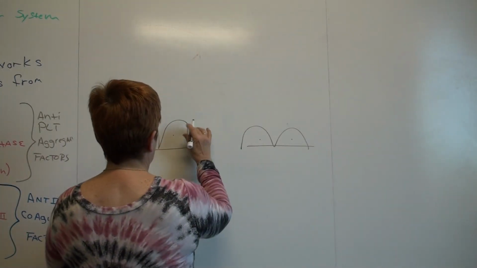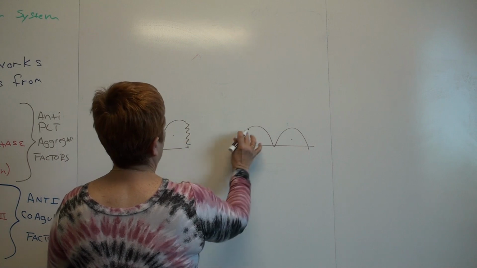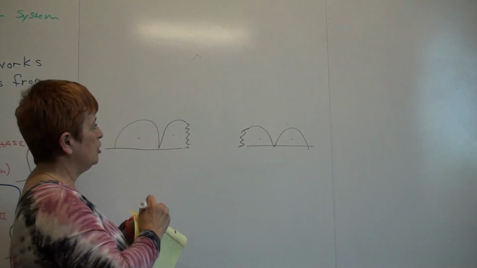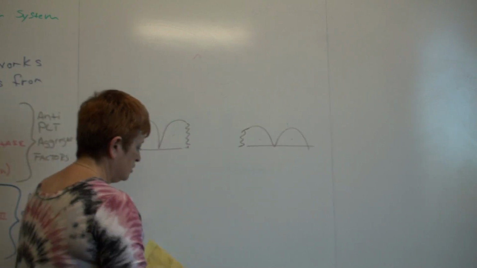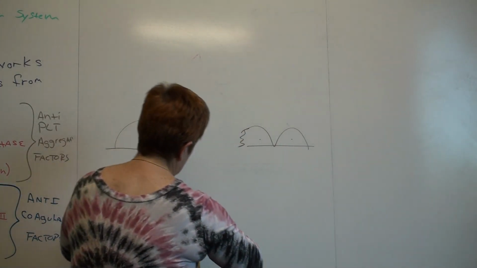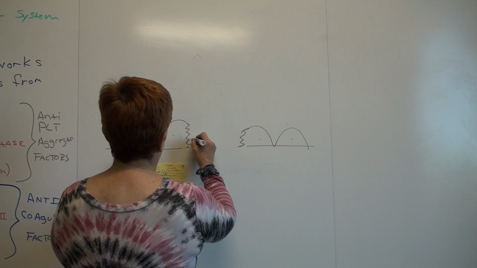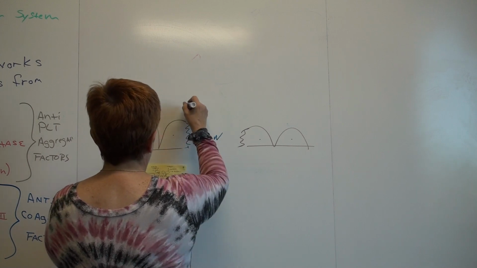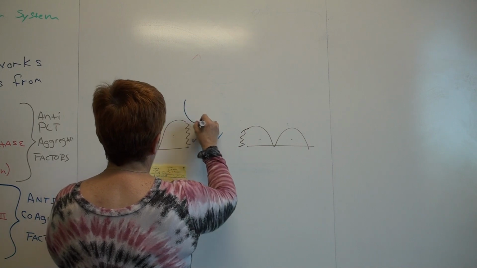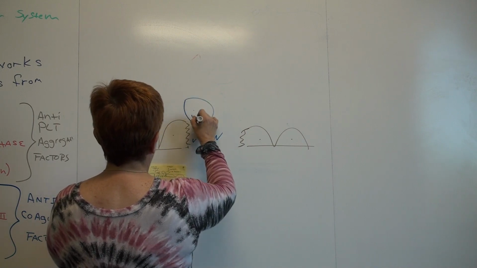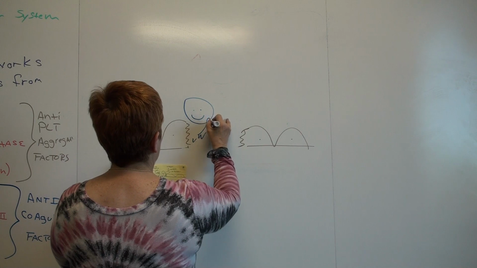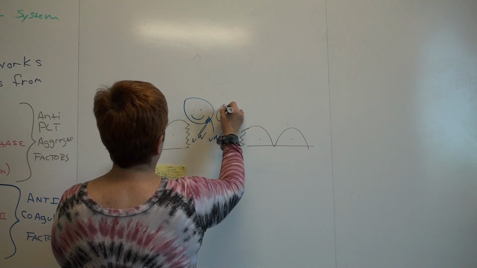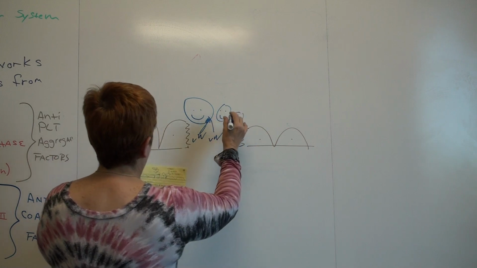This is where I got hurt, right? What's happening here? I have my von Willebrand's here. My platelets are coming in. They're so happy. They have a hook on here for von Willebrand's, and I've got more platelets coming in.